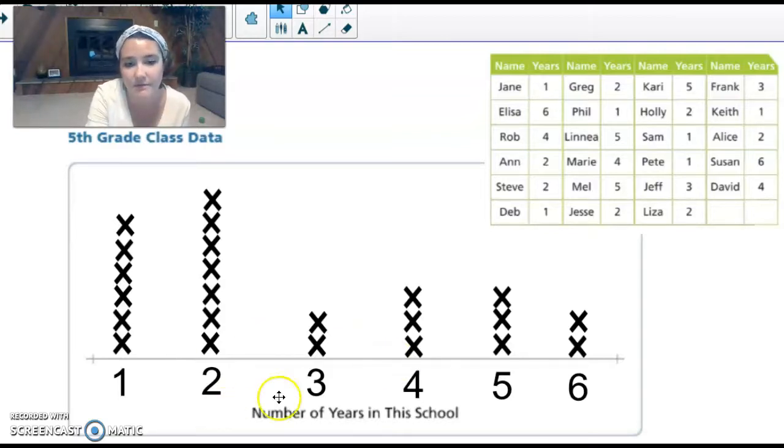I agree, number of years 3 and 6 are low. There's only 2 each, but there's not a lot of students that have been in school for 3, 4, 5, 6 years. In fact, though, could I say about half the data, half of students have been at their school 1 and 2 years, and the other half have been there 3, 4, 5, and 6 years?